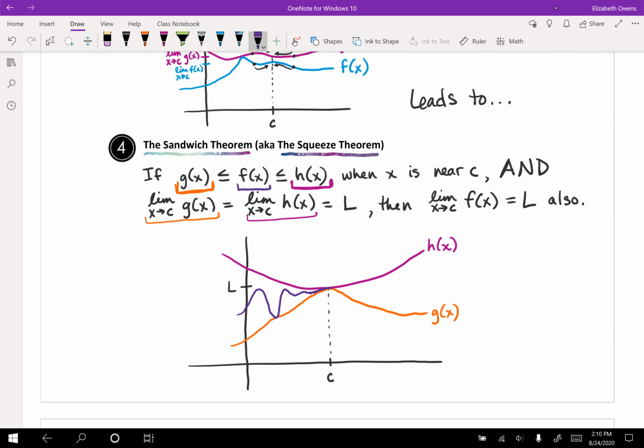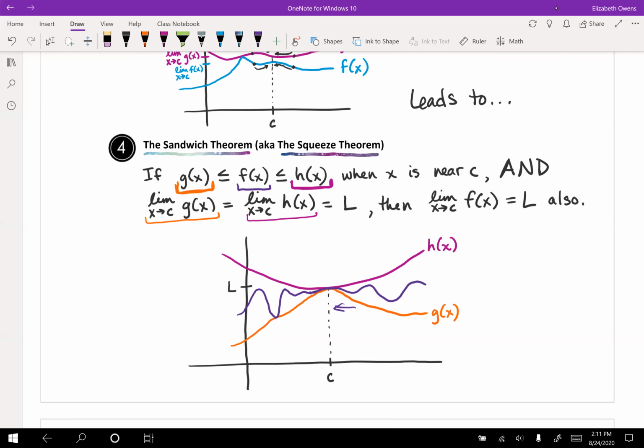All right, same thing from the other side. For f of x, it could do whatever it wants as we get away from x equals c, but as we get closer and closer to this x value, x equals c, f of x cannot escape this sandwich.